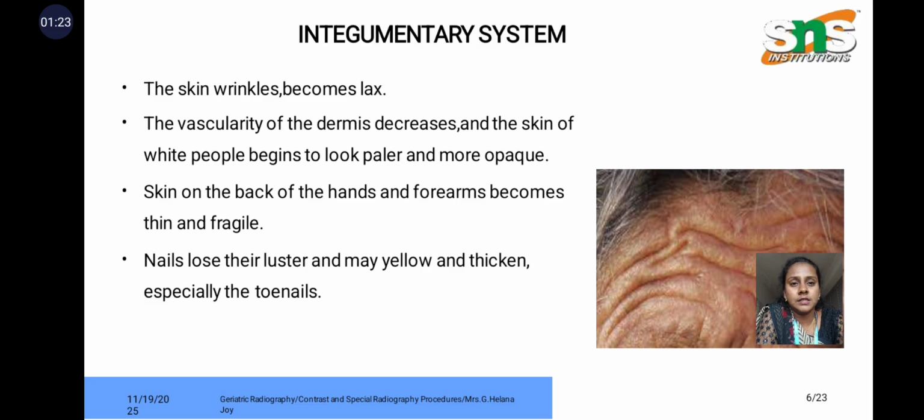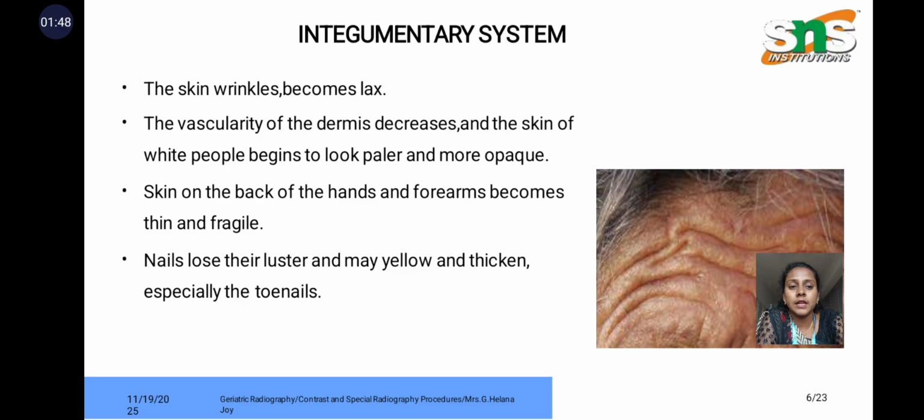In the integumentary system, the skin becomes wrinkled and more lax in elderly people above the age of 65, and the vascularity of the dermis decreases, so the skin begins to look paler and more opaque. The skin at the back of the hands and forearms becomes very thin and more fragile.